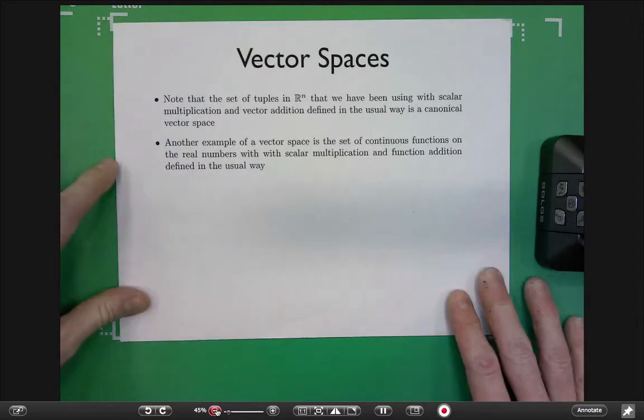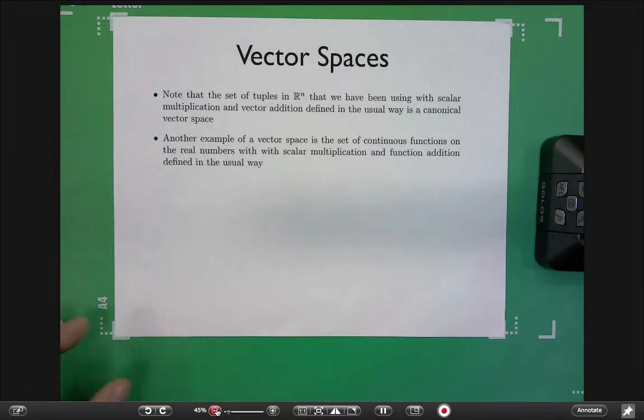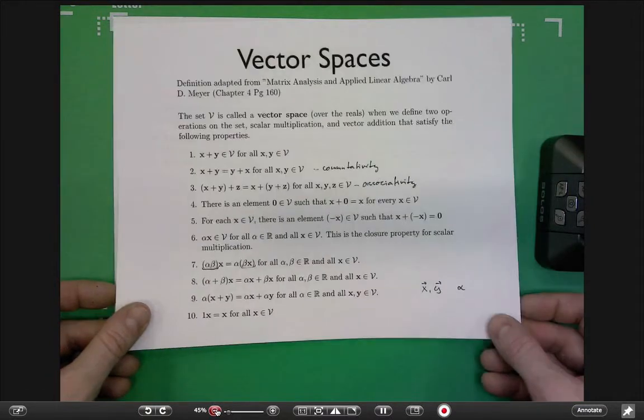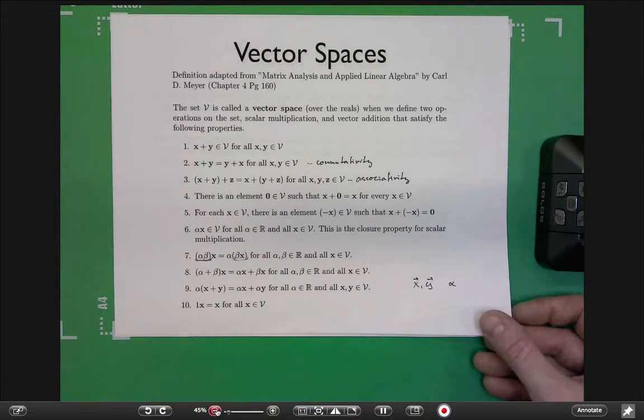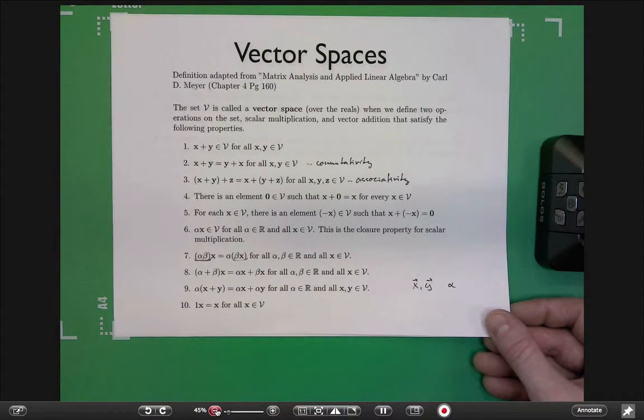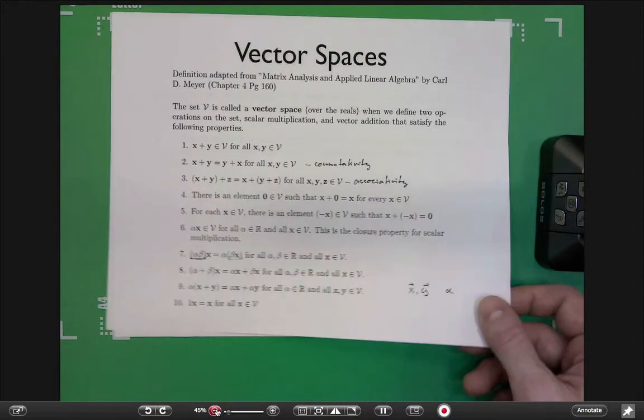Nevertheless, for now, I should have asked if you had any questions. So this is a definition of a vector space in general. We will be mostly working with the vector space R^n, where all these properties are trivially true. But I just wanted you to know that there are more general vector spaces.